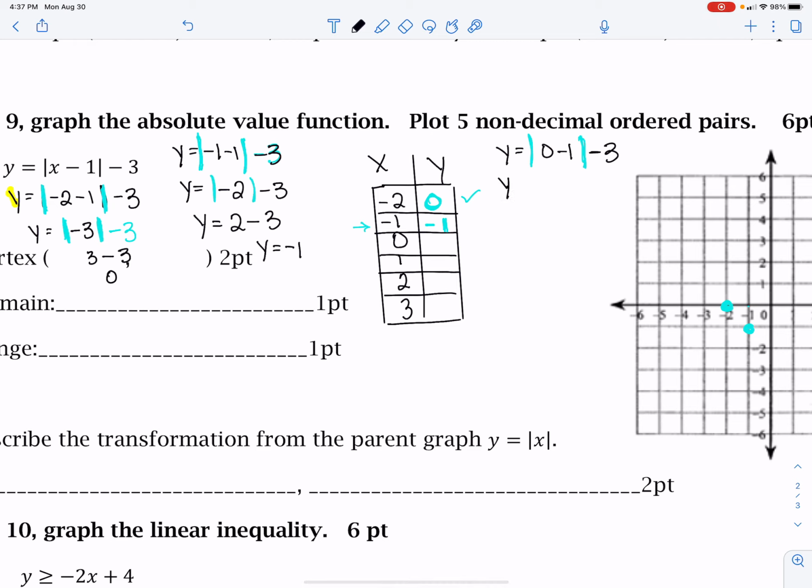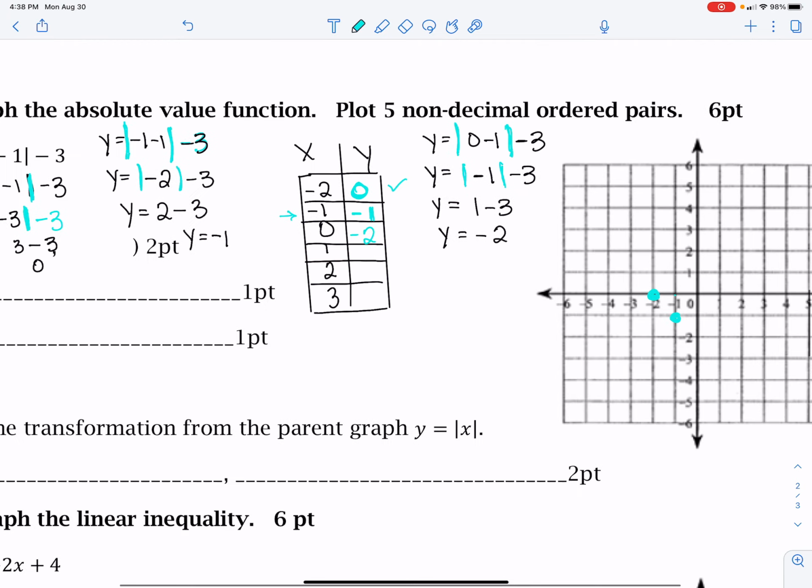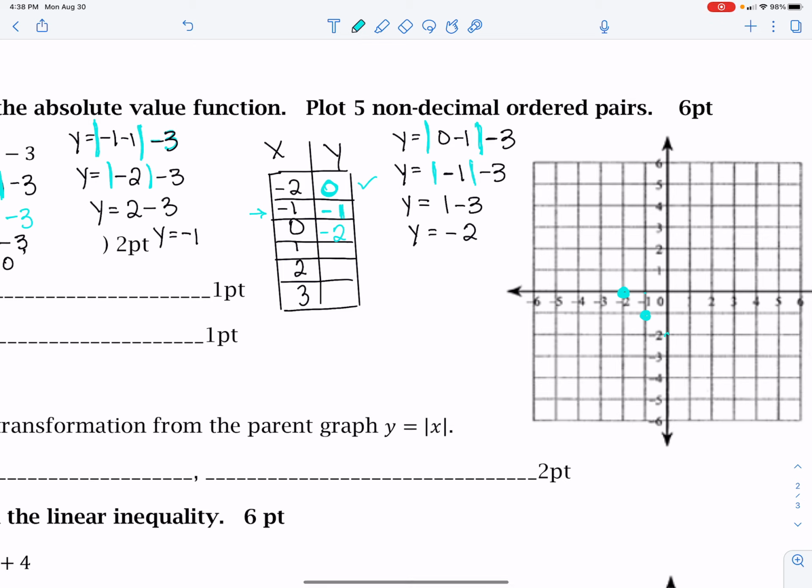So we have y equals 0 minus 1 is -1, the absolute value is 1, minus 3. So we have y equals 1 minus 3, and y is equal to negative 2. So the point is 0, negative 2.